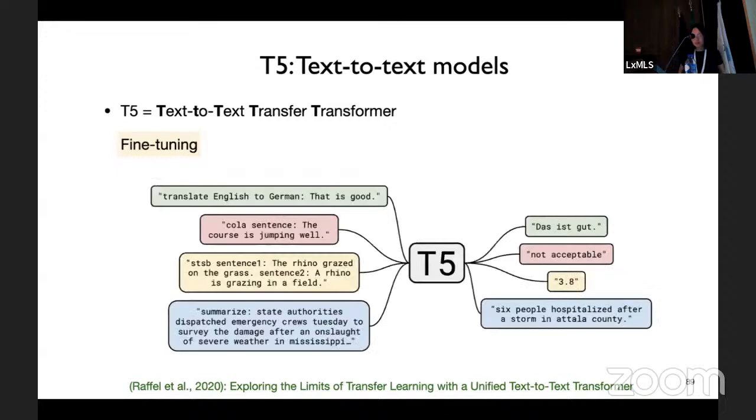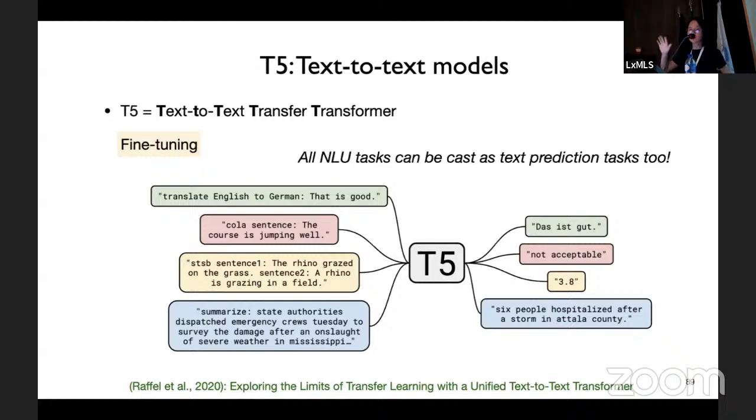And during fine-tuning, T5 also has a very important contribution. They find that instead of just adding a classifier for natural language understanding tasks, such as text classification and question answering, they cast all the natural language understanding tasks as this text-to-text prediction task.